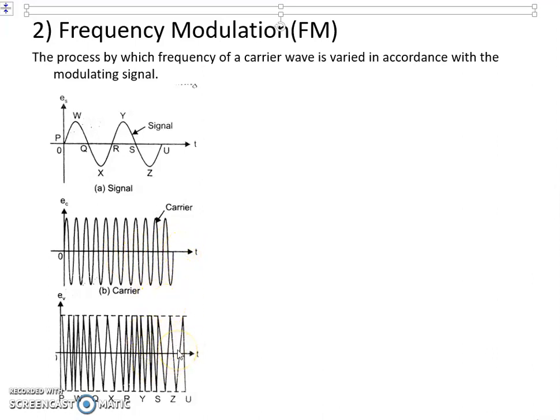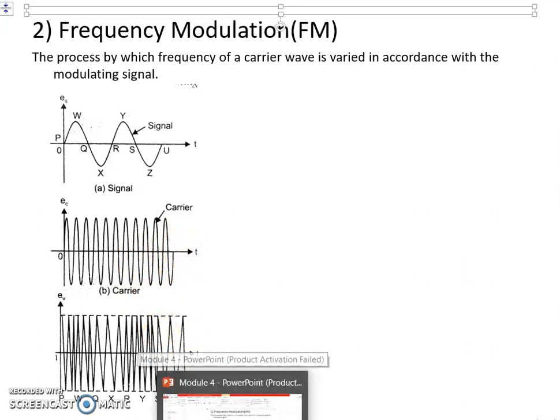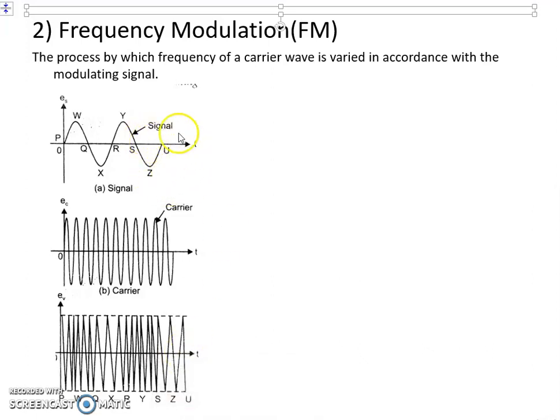In frequency modulation, the amplitude of the modulated wave is the same as that of the carrier wave, and the frequency of the modulated wave varies in accordance with the signal wave, that is, the signal which is to be transmitted. This technique also has certain advantages and disadvantages.